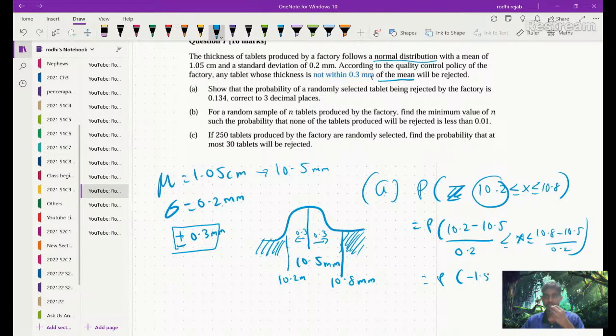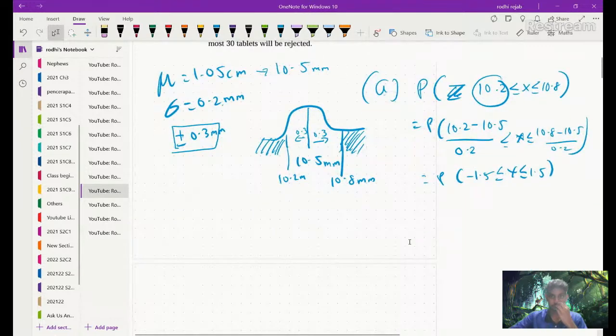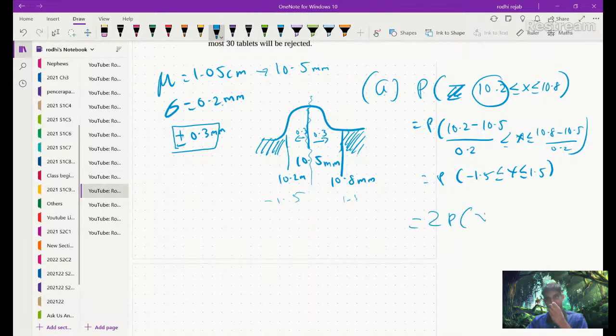Okay. So negative 1.5 to 1.5. Since it's the same value and the normal graph is a mirror, this here and here is symmetrical. So whatever is on this side is the same as this side. So negative 1.5 is here, 1.5 is here. It's the same probability here and here. So we can also write this down as 2 P(Z > 1.5).